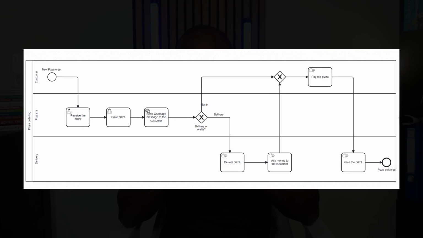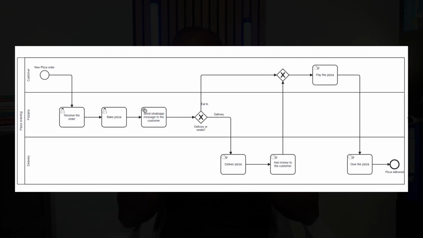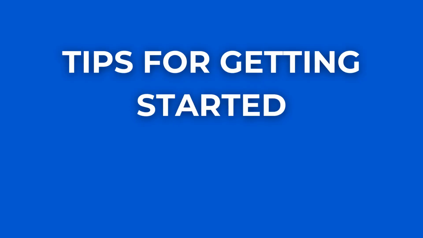This makes the diagram super clear, even for complex processes involving multiple teams. With these lanes, everyone sees who does what. This is one of BPMN's superpowers, clarifying responsibilities.